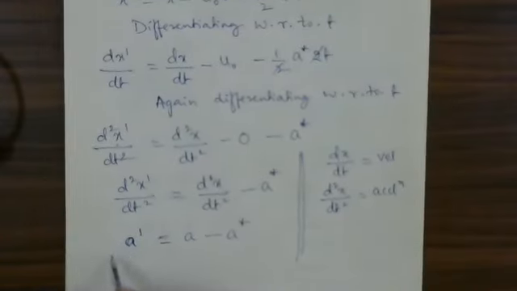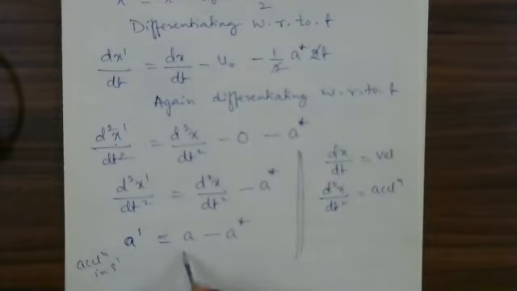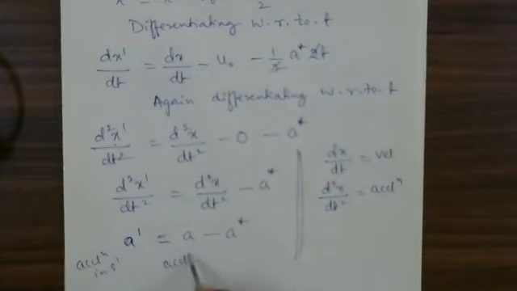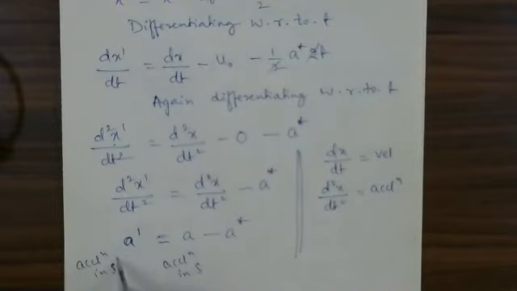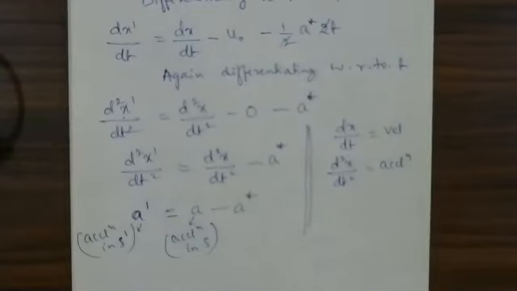If you want, I will write it and show it. This is acceleration in s dash, this is acceleration in s. This is in the s dash frame, this is in s. Right. a dash is acceleration in the s dash frame, a is acceleration in the s frame.